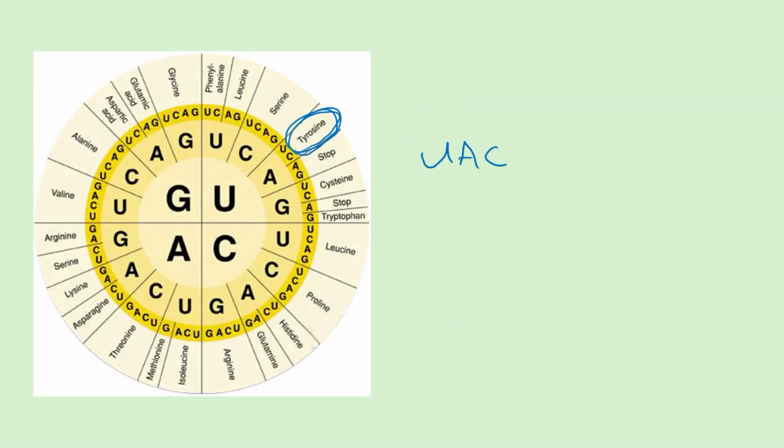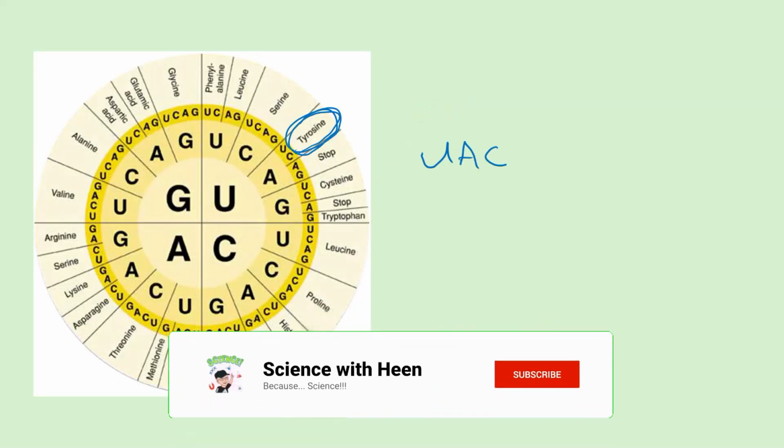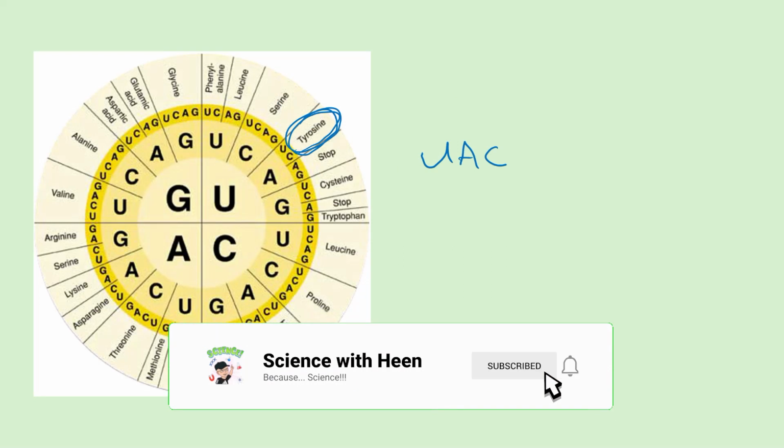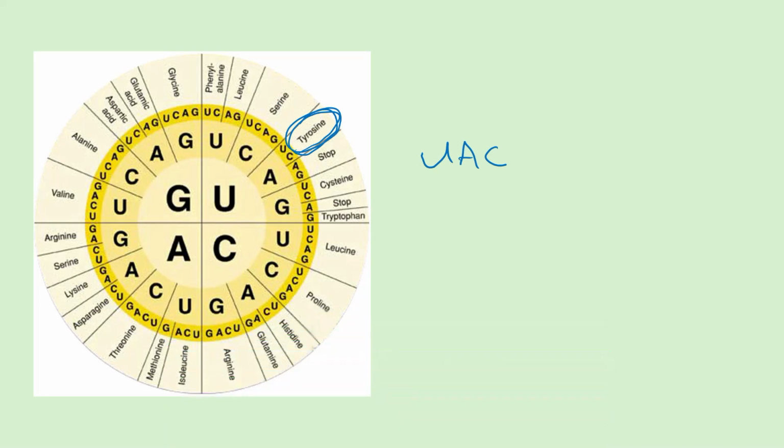So if we take a look, we have a table like this. You can get square versions, or this is the circular version moving out that I prefer. So the first codon, I should say, we had was UAC. Now, if we start in the middle, we find the U, we find the A, we work out to the C, and we can see that the amino acid that this codon is going to code for is tyrosine.